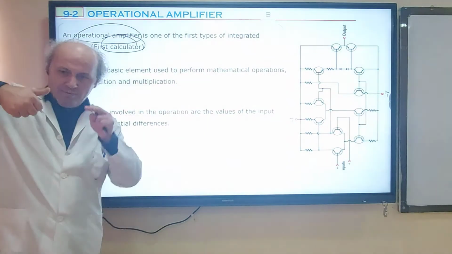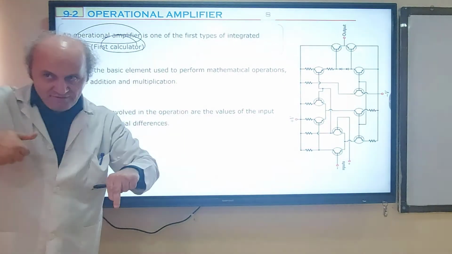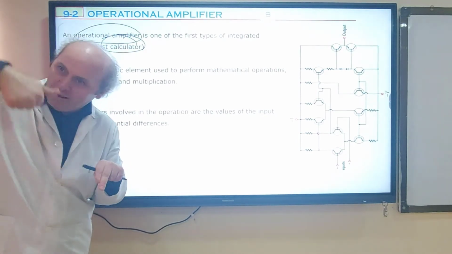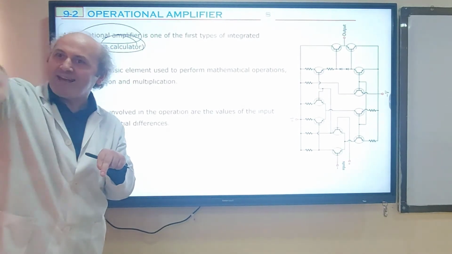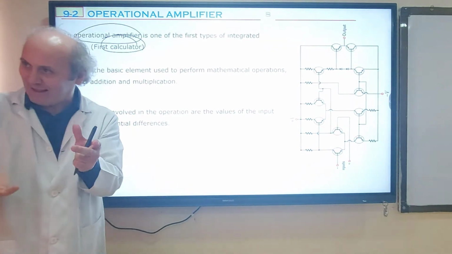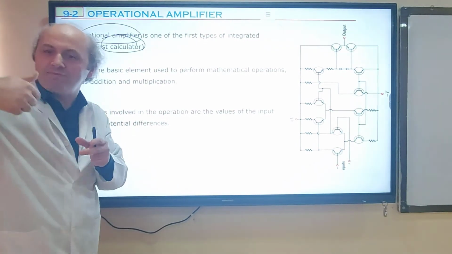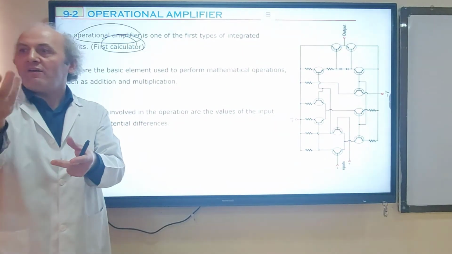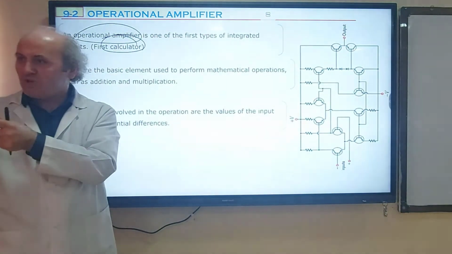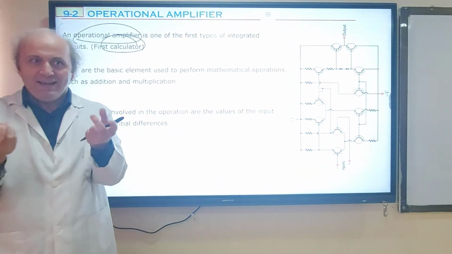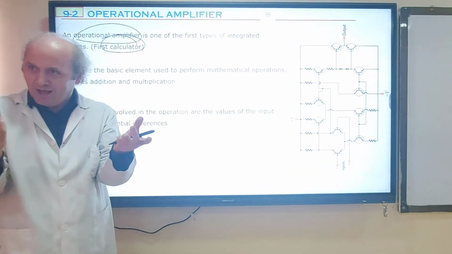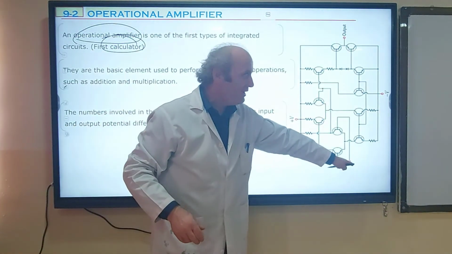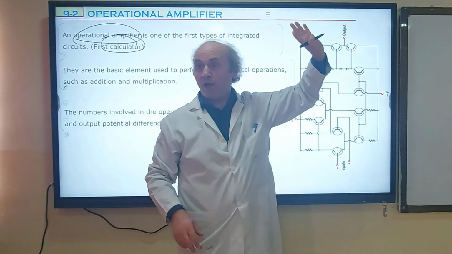So when you press the 5, you are sending 5 volts to the transistor; multiply, so you are connecting the transistor in series and parallel, and then when you press equals, the result is another number, 25. So the output potential difference becomes 25. That is, the numbers being calculated are in fact a measure of the potential difference of the inputs and outputs.